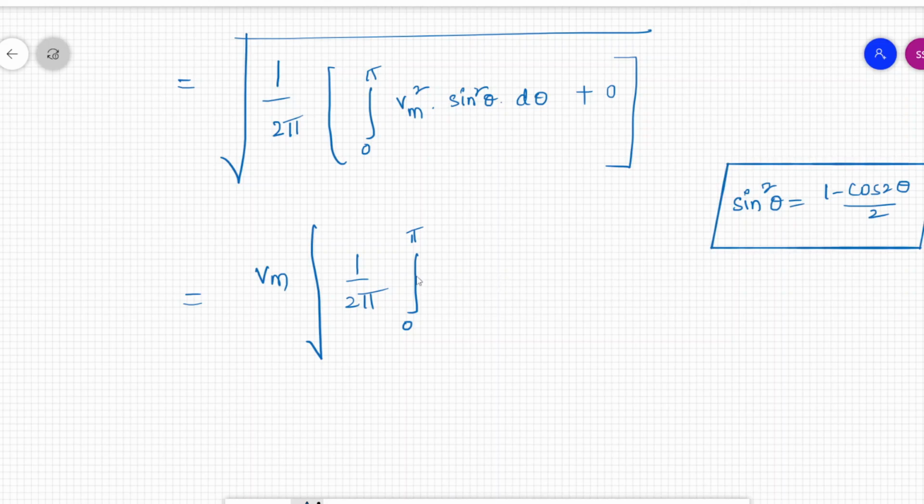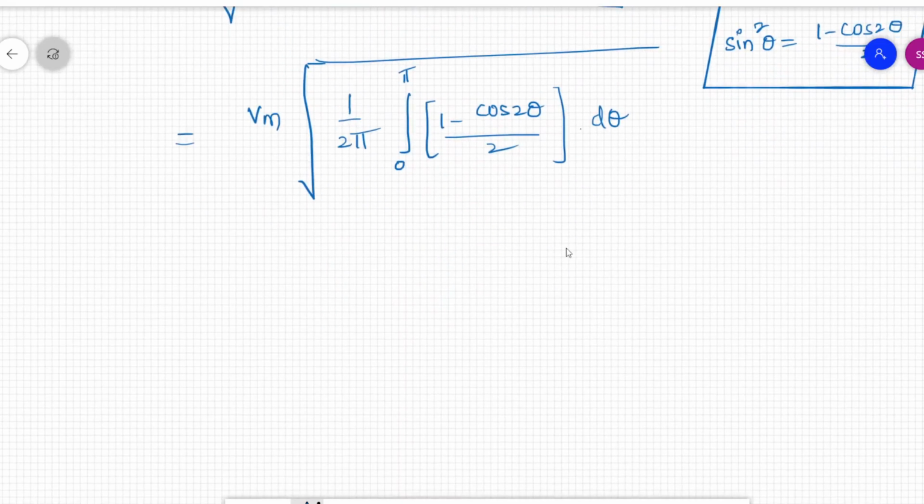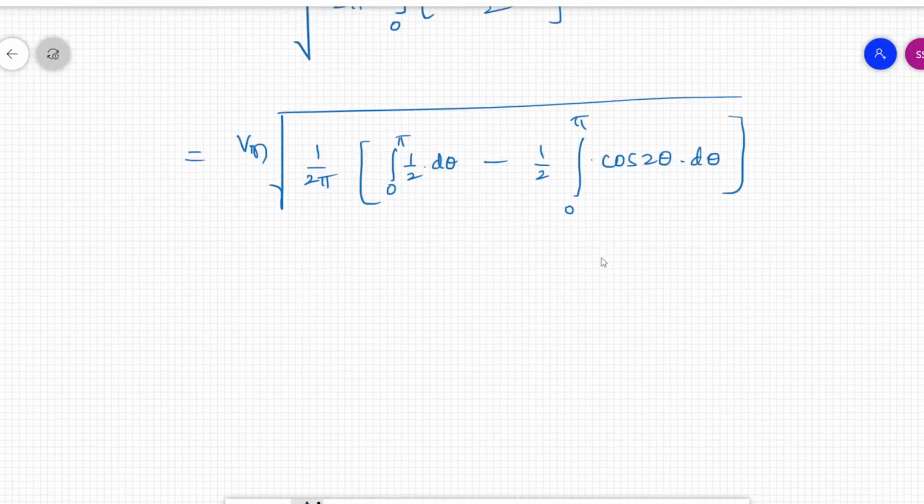So sin square theta can be written as (1 minus cos 2 theta) by 2 into d theta under root, right? So we can solve this now. That will be Vm into 1 by 2 pi, integral 0 to pi 1 by 2 d theta minus 1 by 2 integral 0 to pi cos 2 theta d theta, under root, right?